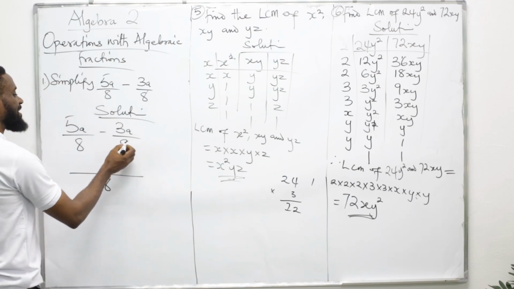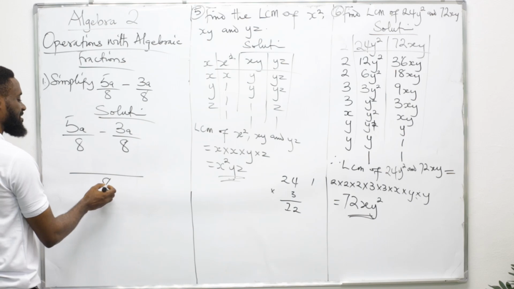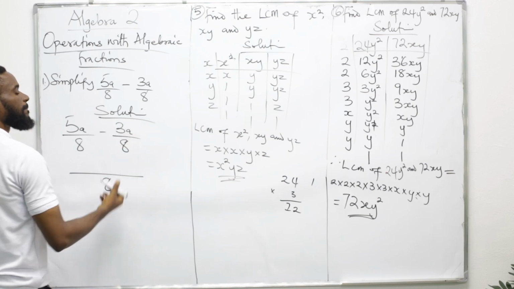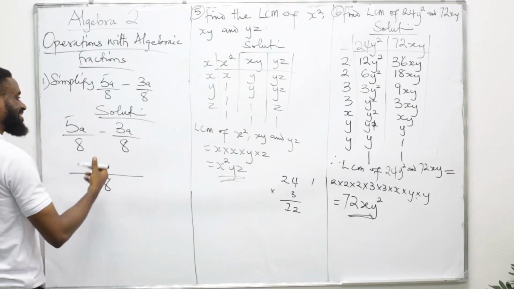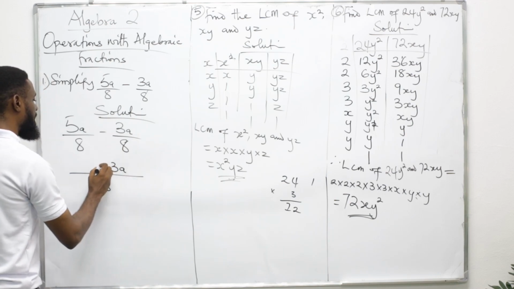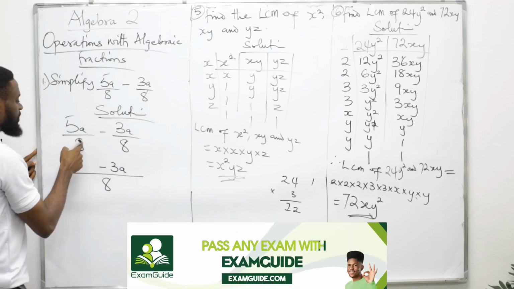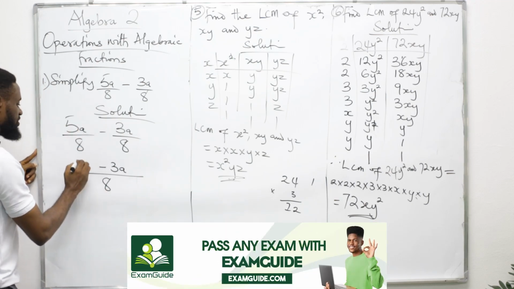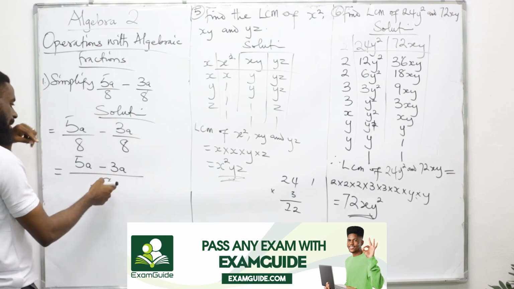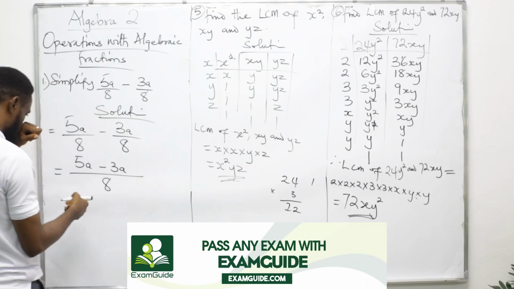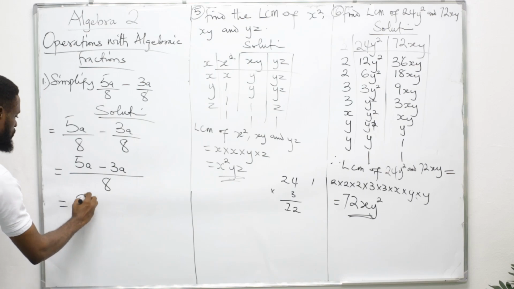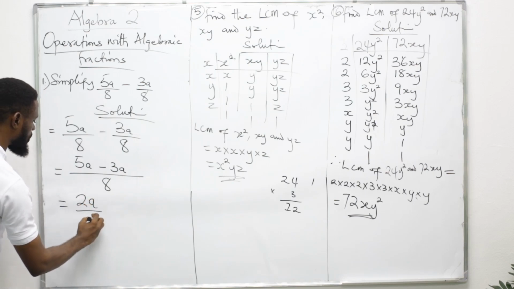All right, this 8 divides this 8 is 1. 1, the answer times its numerator. So 1 times 3a gives us what? 3a. So you bring down the minus, okay? So this 8 divided 8 is 1 times 5a. This is also 5a, all right? Okay, so 5a minus 3a gives us 2a all over 8.